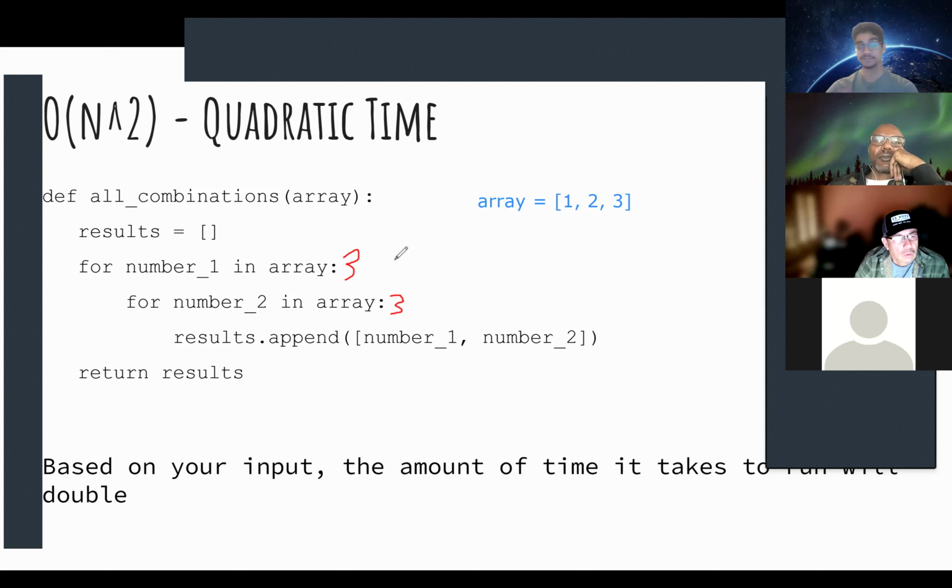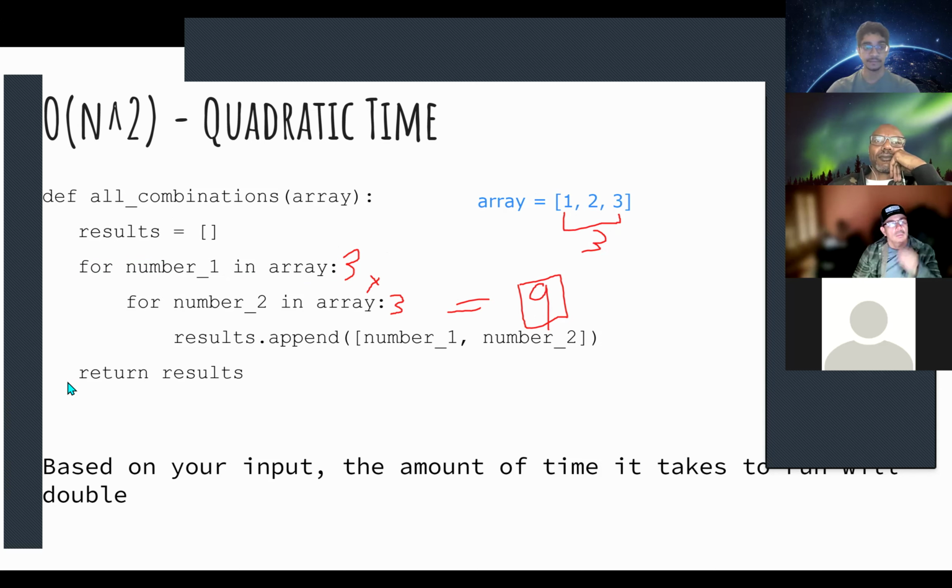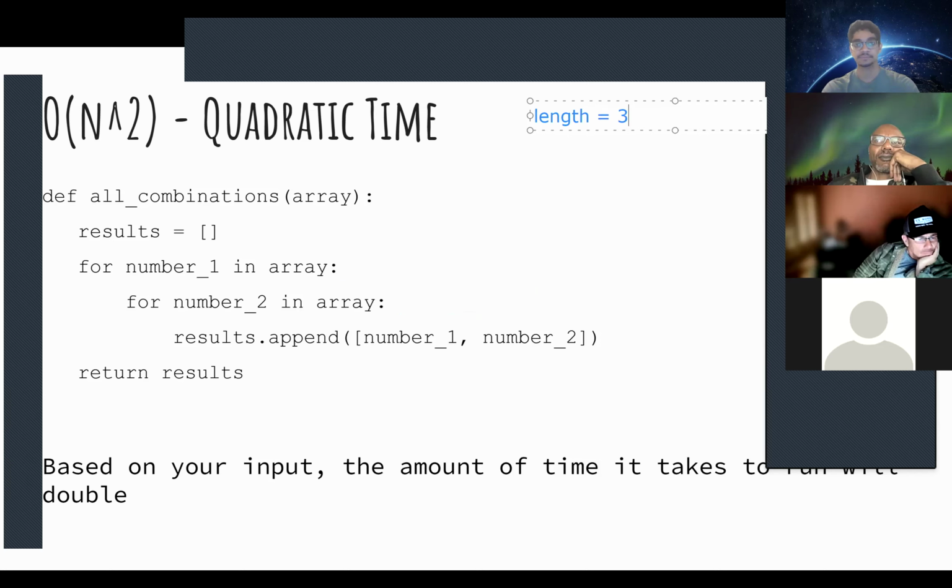So the total number of times that we are running through the array here is 3 times 3, which becomes 9 times. How long is our array? Our array is 3 thingamabobs long. So, again, this is very qualitative: for length equals 3, the number of times looped is 9.